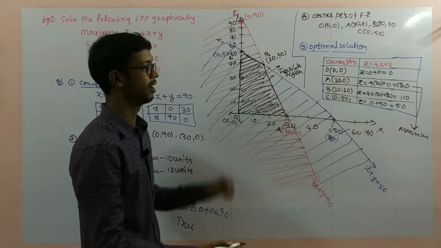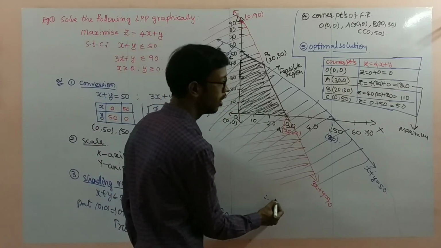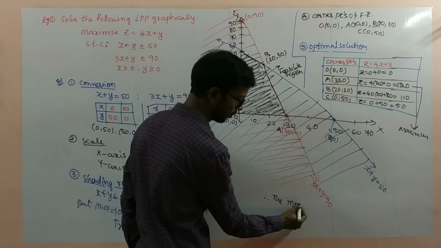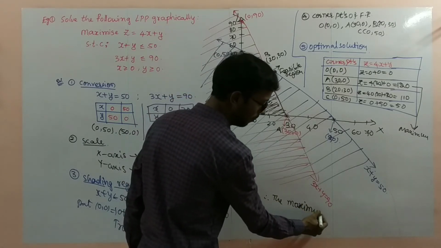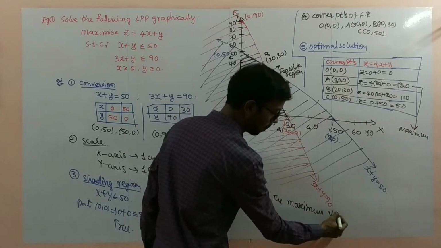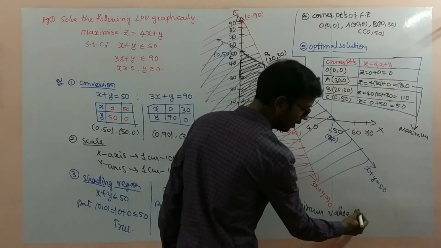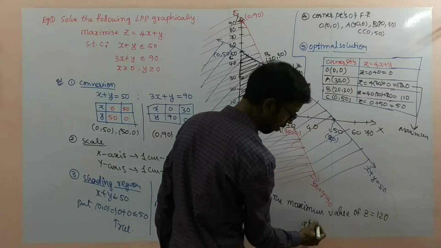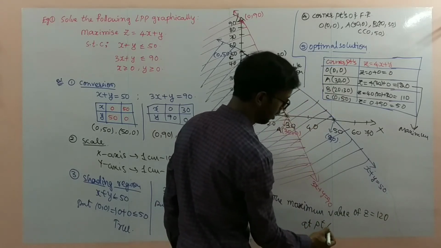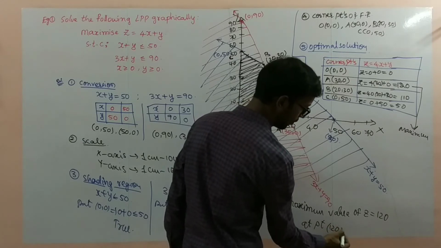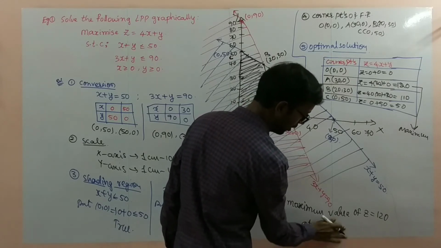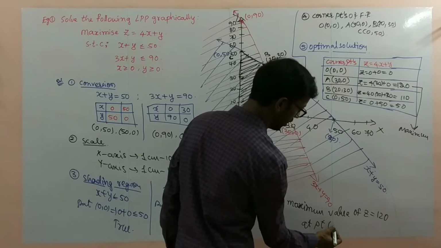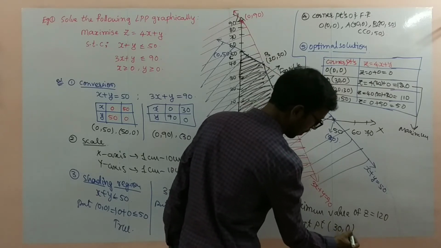So the final conclusion is: therefore the maximum value of z equals 120 at point 30, 0.